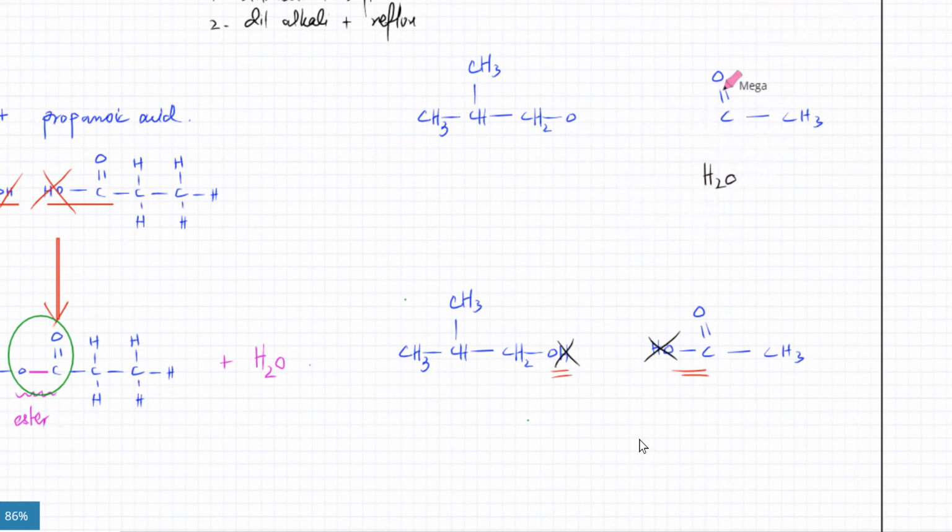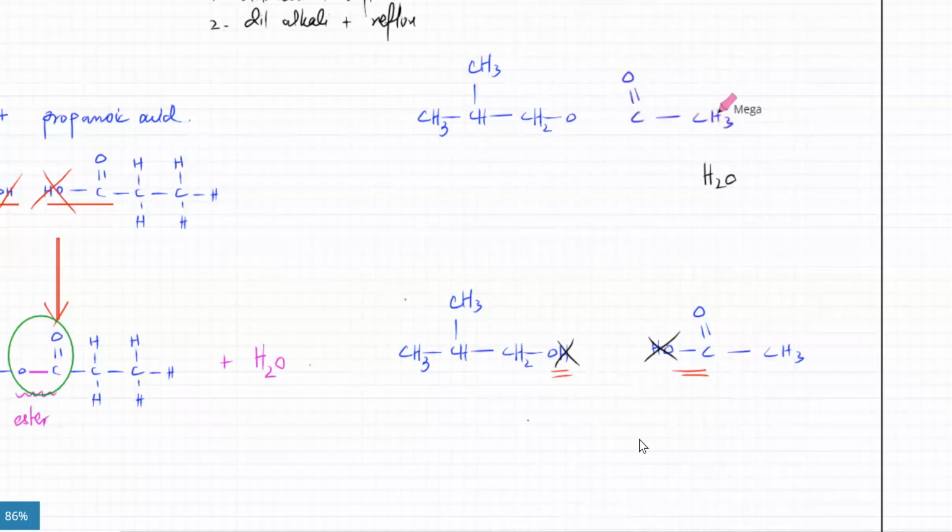And these two are going to combine together, and they're going to link up right in the middle, and they will form an ester link. The reaction actually is direction में हो रहा है, in this direction.